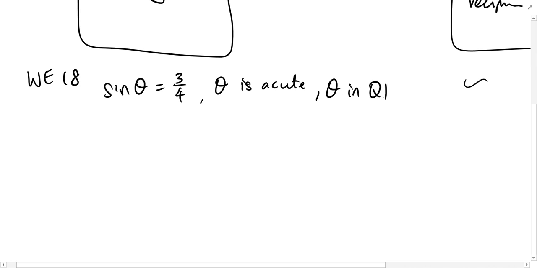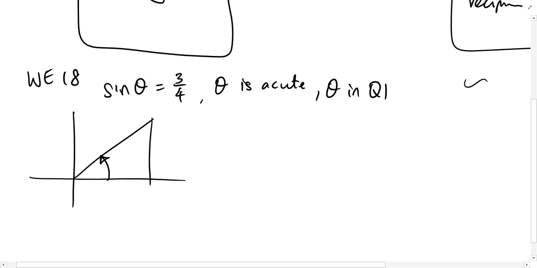When you see this type of question, what must you do next? Sketch, yes, sketch. So it is in the first quadrant, right? So sketch it out. This is theta, and they tell us that sine theta is 3 over 4. Which side of the triangle is 3? Opposite is 3. So this must be 3. Where is the 4? Hypotenuse.